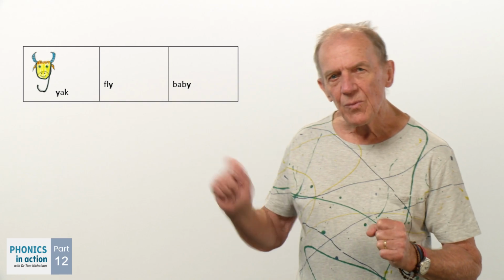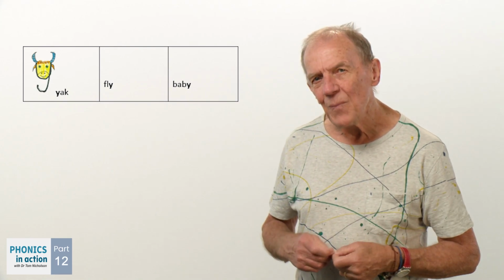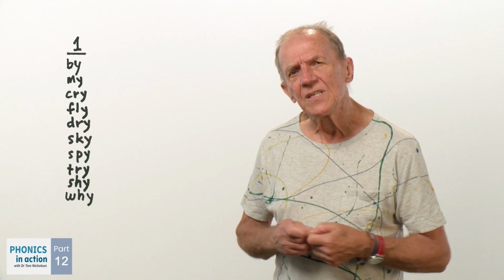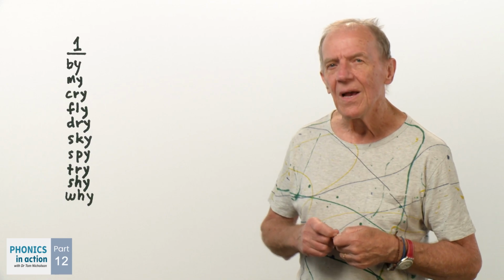So I'll write those on the board. It has an I sound in fly and an E sound in baby. Remember that in the old days, the printers did not like a word to end in I, so they put Y. Right, so let's look at this list of words with Y at the end. Looking at list 1, the Y has an I sound.